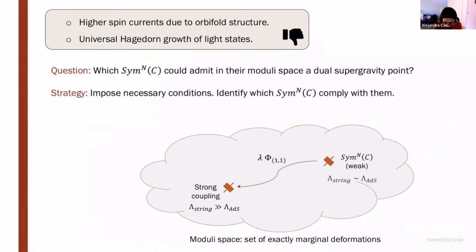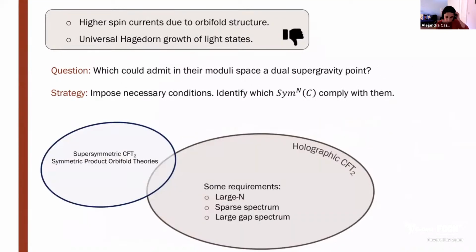Let me just say two more things. When we talk about this strongly coupled point, I'll be using the term holographic CFT a lot to describe it.